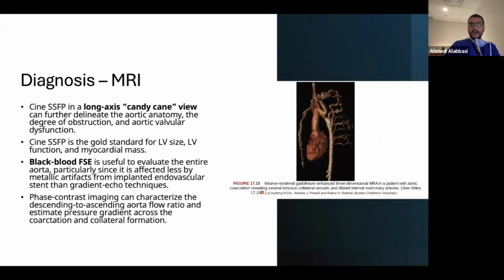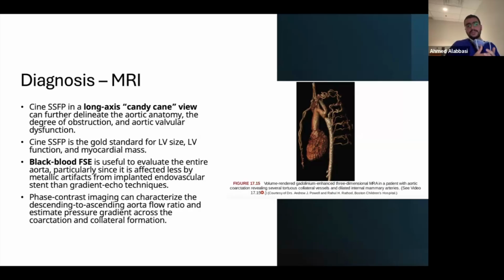With regards to the MRI, there's an image after that with the long axis candy cane view. So this would further delineate the aortic anatomy, how obstructed the aorta is, and if there's any aortic valvular dysfunction.